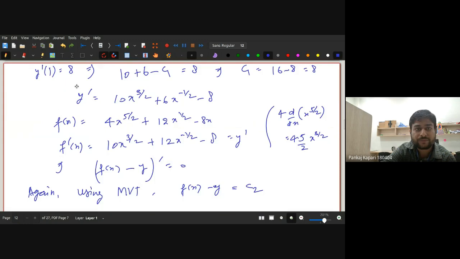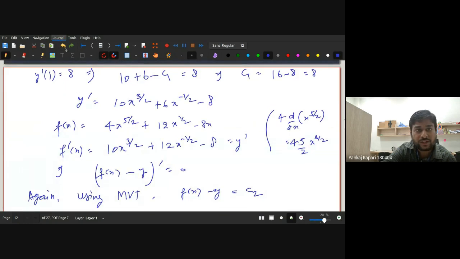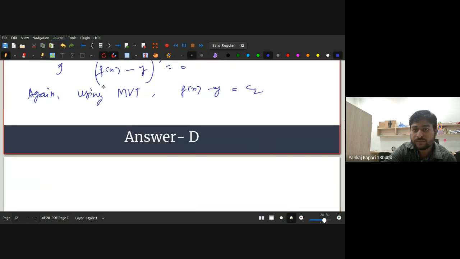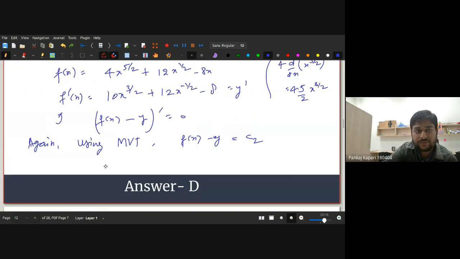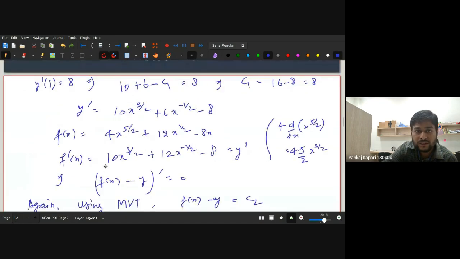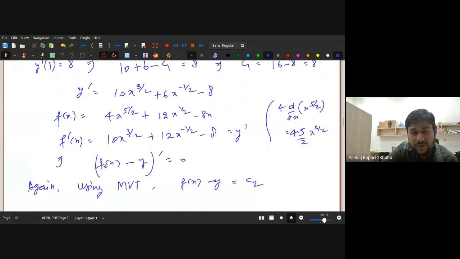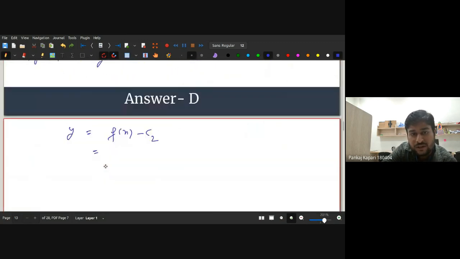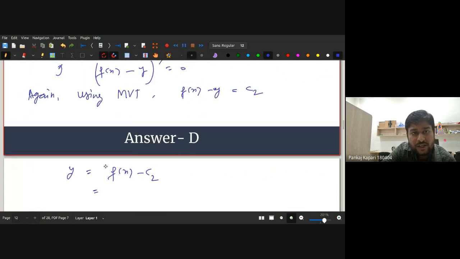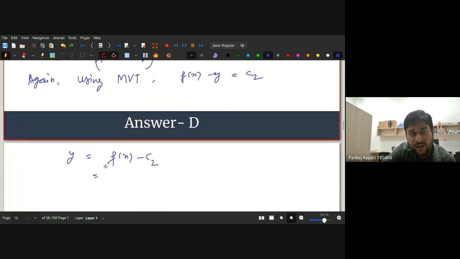Now we will find this constant. So this means y must be f(x) minus c2. So what is our f(x)? You can say that this is kind of reverse engineering. You are guessing the function after differentiating, you get y prime and y double prime, right?